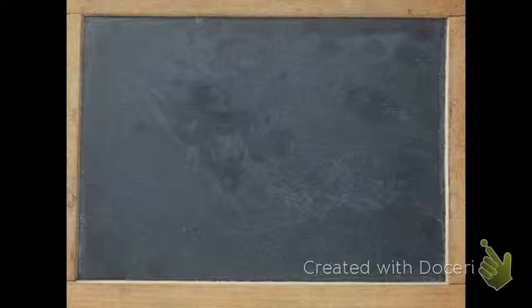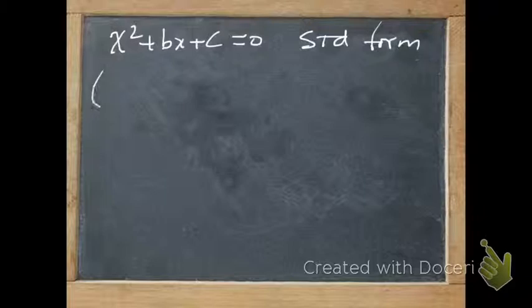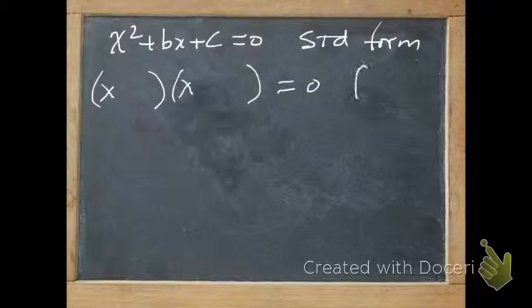So let's walk through our steps again for solving quadratics. We're going to, again, be looking at a very basic quadratic, x squared plus bx plus c equals 0. So that's your first step. Make sure it's in standard form. Next, we're going to factor these quadratics, x plus or minus something, x plus or minus something.